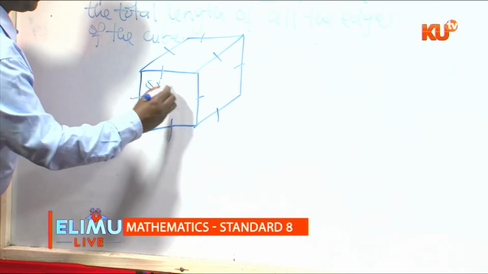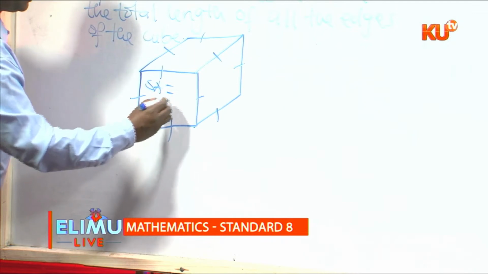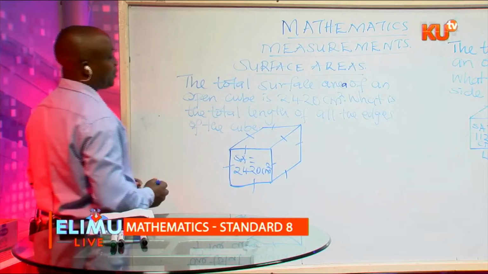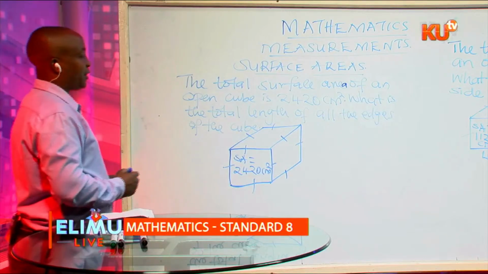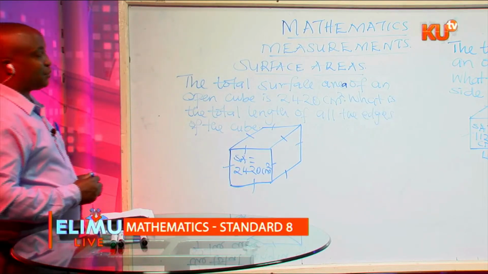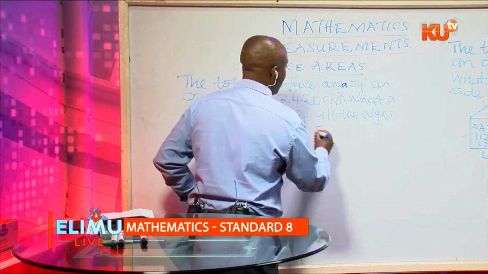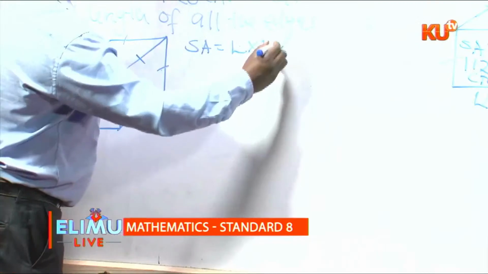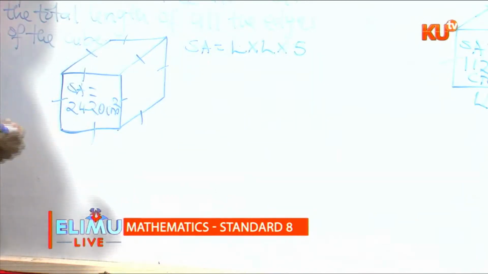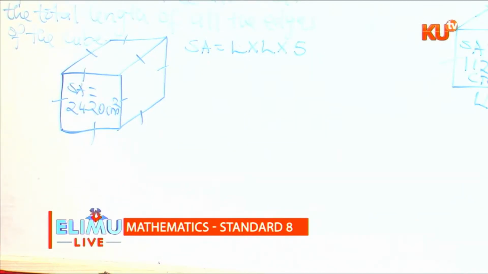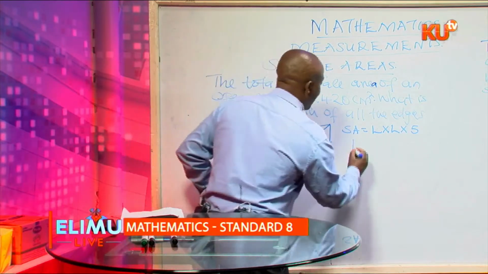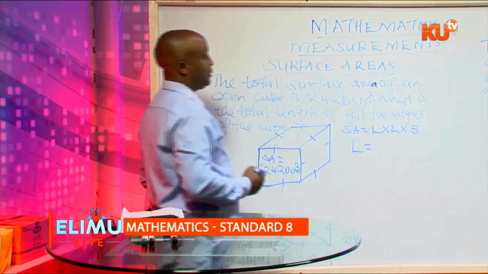The total surface area we are told is 2,420 centimeters squared. And then we are told what is the total length of all the edges. Remember, the cube is open. So to find the surface area of an open cube, it is length times 5. Then to find the length, what have we done?